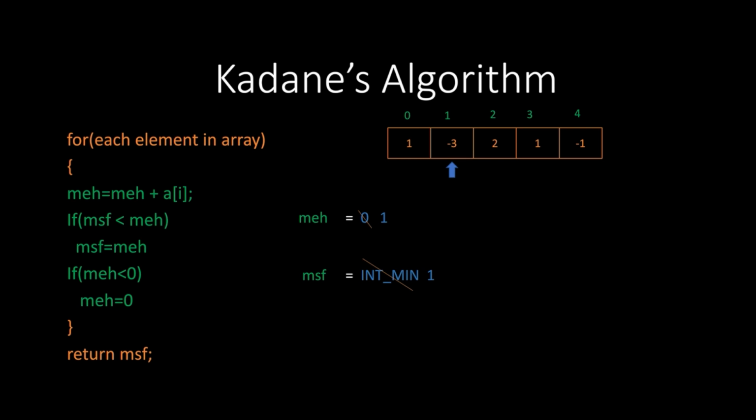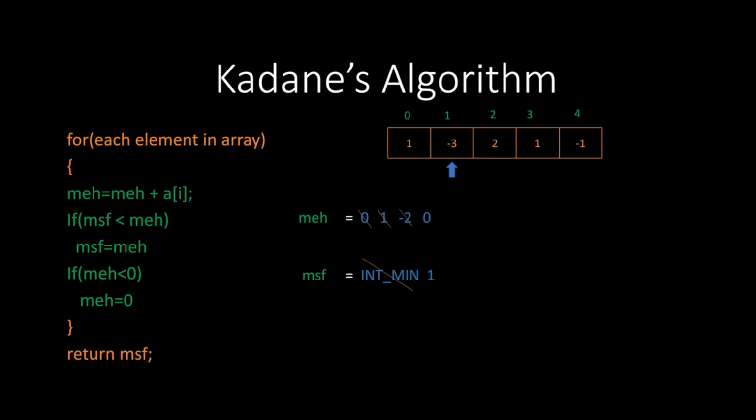Maximum ending here is 1 and a of i is -3, so 1 plus -3 gives -2. Now we check the condition: maximum so far is 1 and it is not less than maximum ending here, so we would not update maximum so far. Now we check if maximum ending here is less than 0. Maximum ending here is -2, which is less than 0, so we replace maximum ending here with 0.